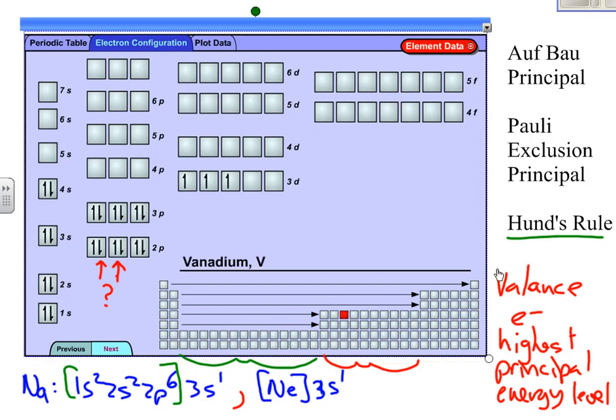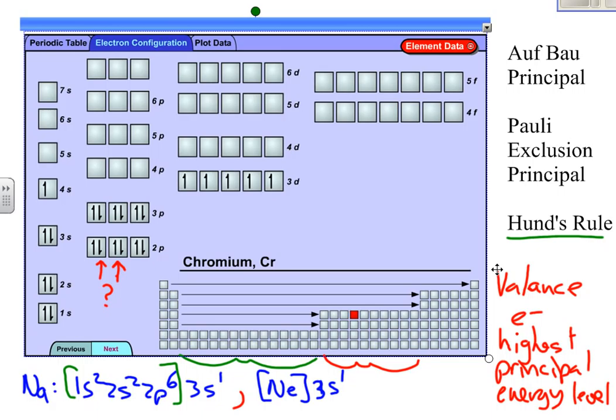So we go along, titanium, looks good, vanadium, uh-oh. We get to chromium and something happened there, right? One of the electrons from the 4s actually jumped up into the 3d's. Again, it's all based on energy and stability. Those energy levels are close enough together that it ends up being more stable having that electron up in its own sublevel, up in the 3d's, rather than being paired up in that 4s level.